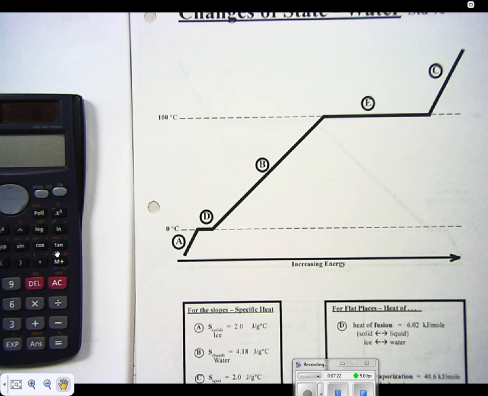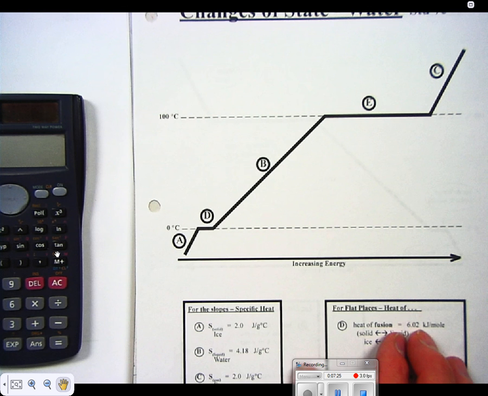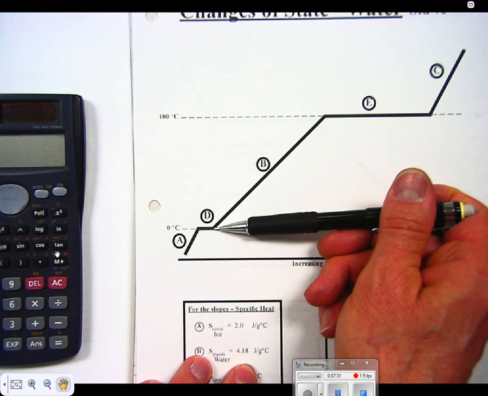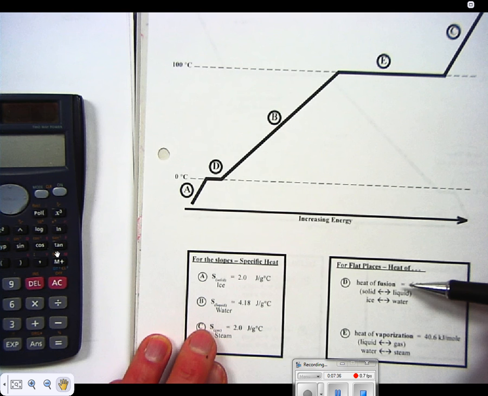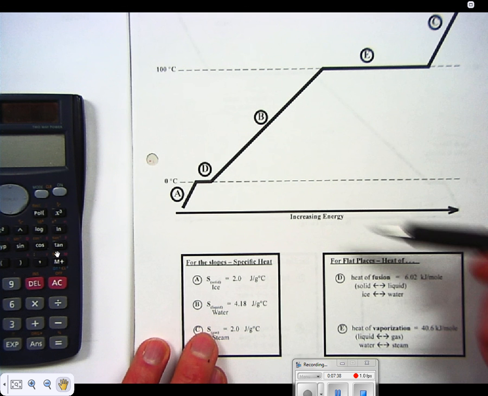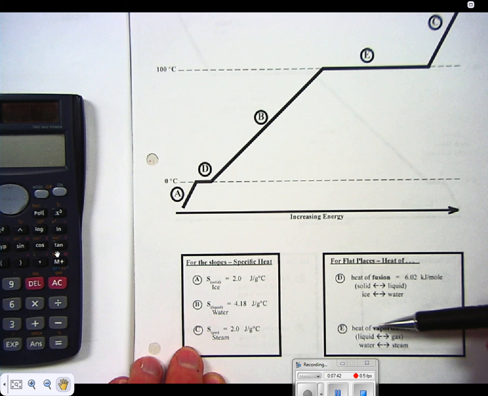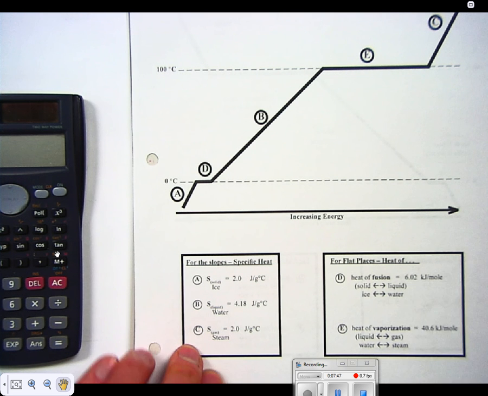And if you look at your heating curve sheet, you'll see that heat of fusion is worked down here, and it's in your little box on the bottom right, and then you have heat of vaporization up here, and that's also down here, lines D and E.